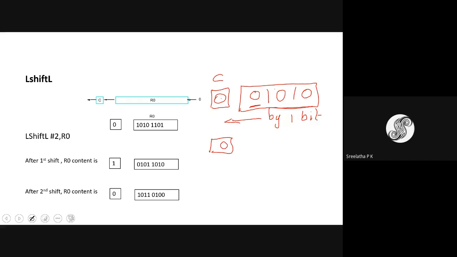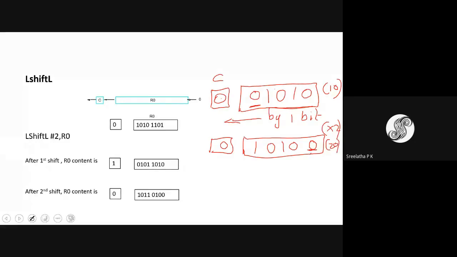However, this MSB goes out, and there is 1 0 1 0 and a space. By default the space content is 0. The value here is 10. When I do left shift by 1, the value is multiplied by 2, so the value must be 20 here. We'll check whether the value is 20.